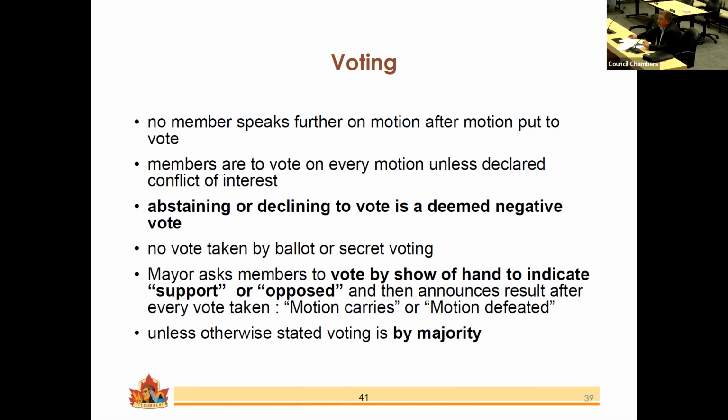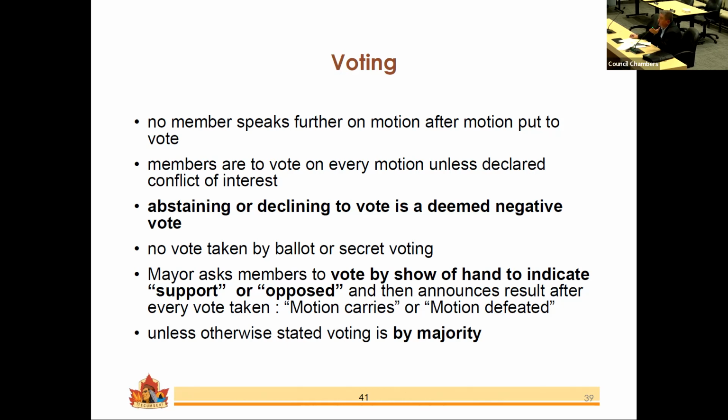There's no secret voting. In the Town of Tecumseh bylaw, the mayor will usually ask members to vote by show of hand to indicate support or oppose, and then the results are announced as either having carried or defeated. Unless otherwise stated, voting is by majority.